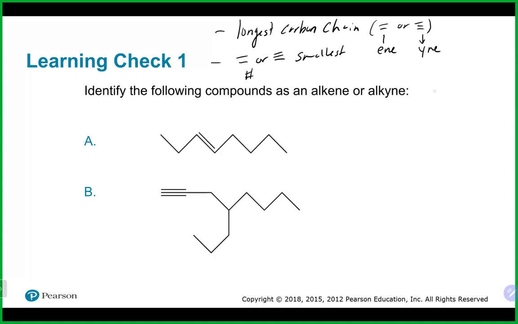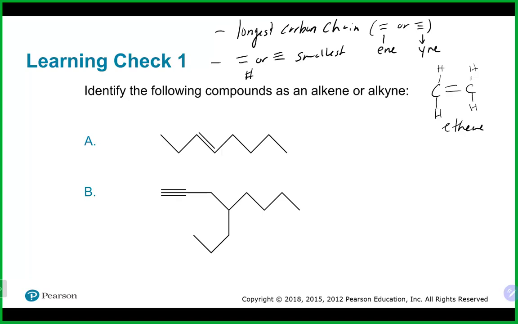Now, why do you not have to do it with this guy here, which obviously is ethene? Is there any other location where I could put the double bond? There's not, right? So it could only go in that one spot. When you have 3 carbons, you're either going to put it on the left-hand side or the right-hand side, which will give you basically the same thing. So when you get to about 4 carbons or more, usually that's when you do have to give the location of where that thing is.